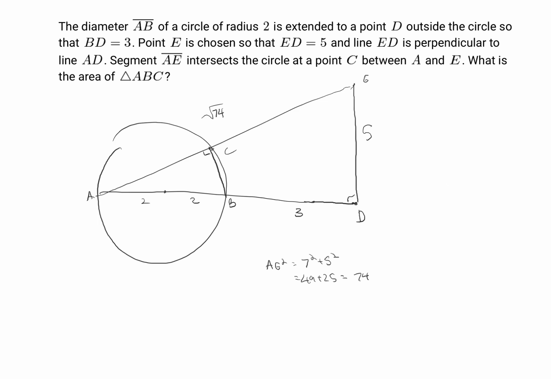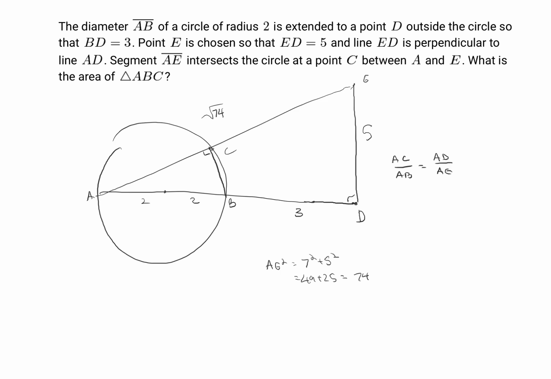Now, I think we should use a little bit of similarity, right? I think similarity is pretty essential here. So if we look at this, we know that AC over AB is equal to AD over AE, right?